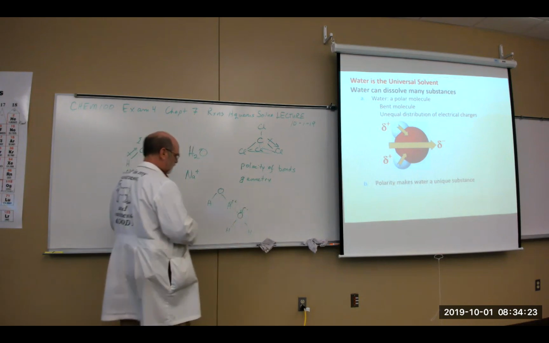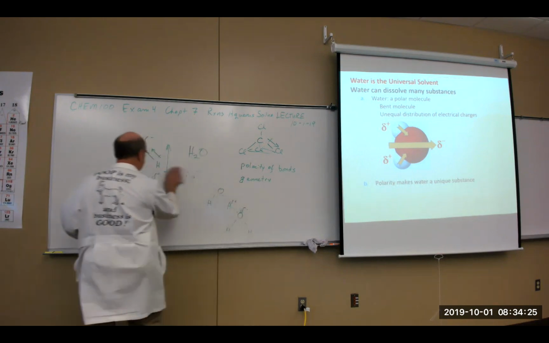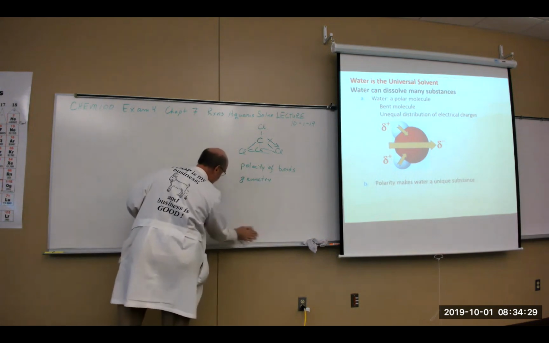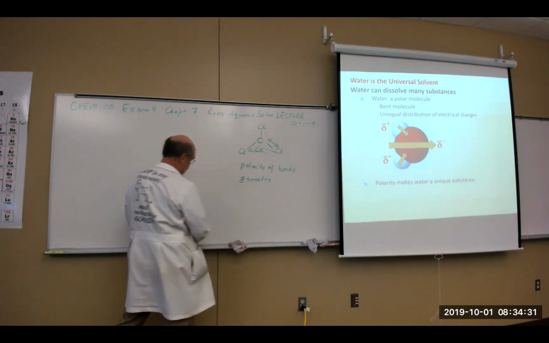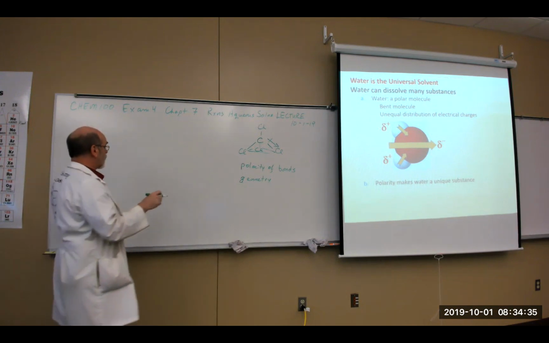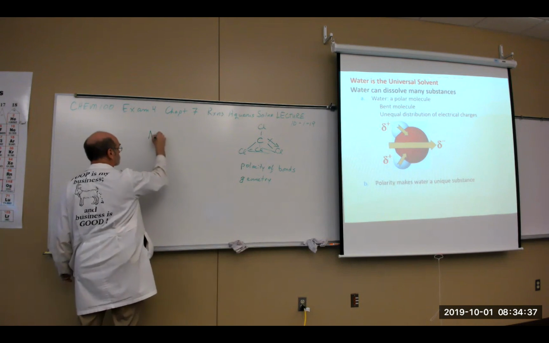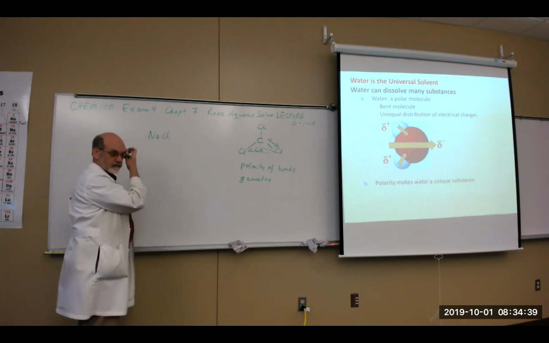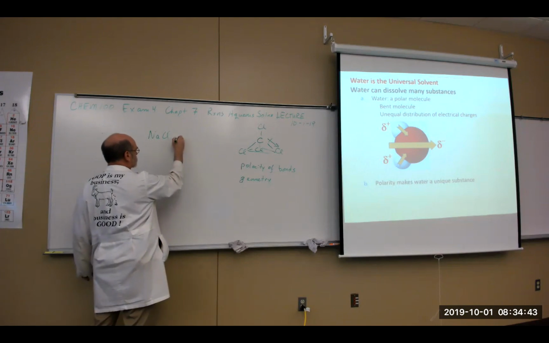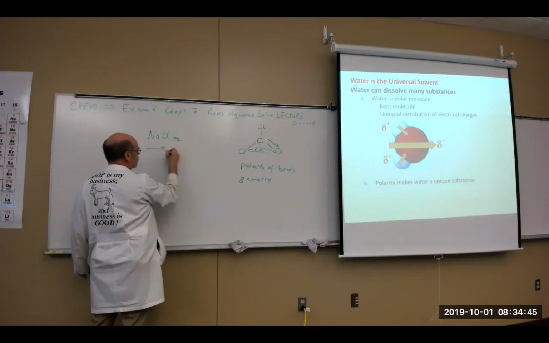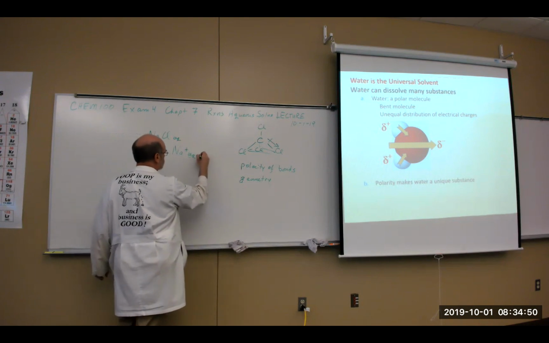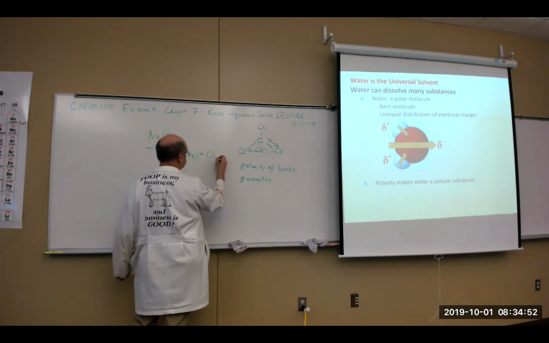So what are some examples of solutes that will go into solution? Well, a couple come to mind. Table salt. Table salt goes into solution as sodium ions and chloride ions.